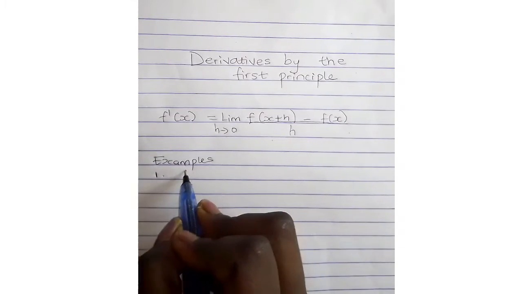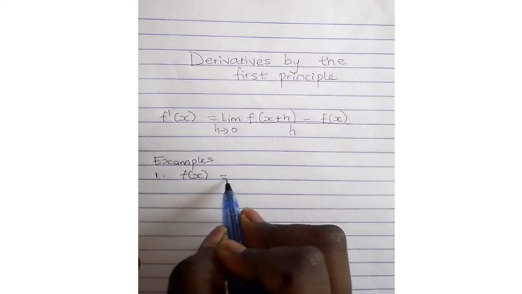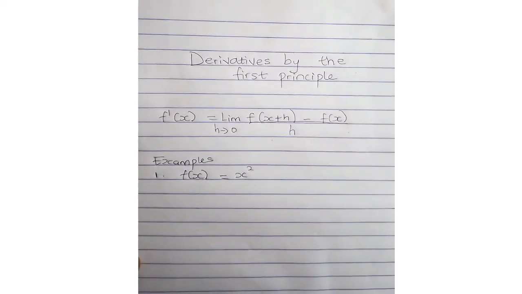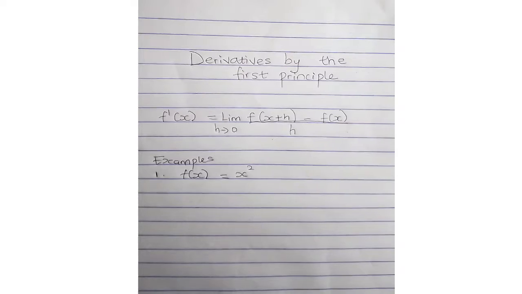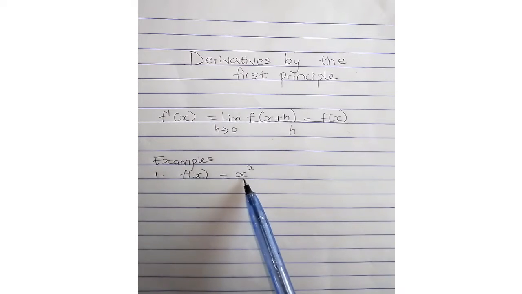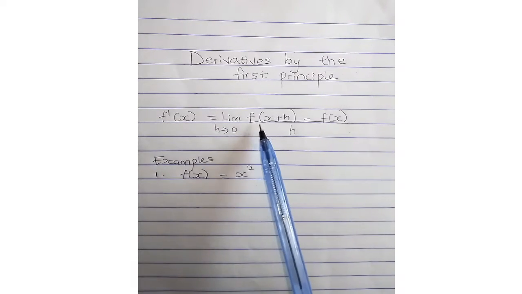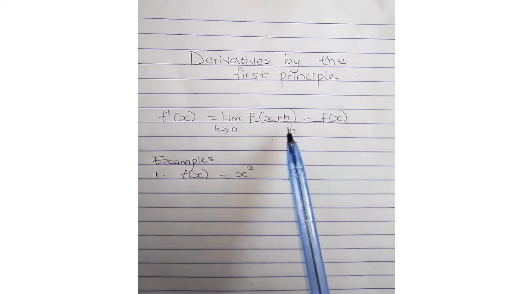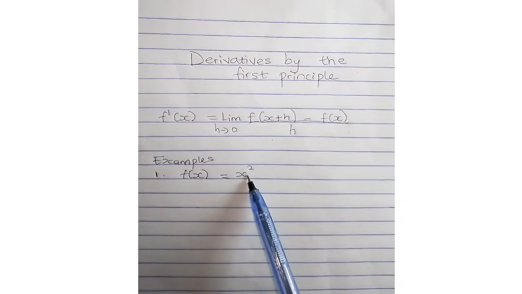Given a function f of x equal to x squared, I have to find the derivative by the first principle. So using the formula, now the function is x squared. The f of x plus h simply means wherever we see x in the function, we're going to replace it with x plus h.